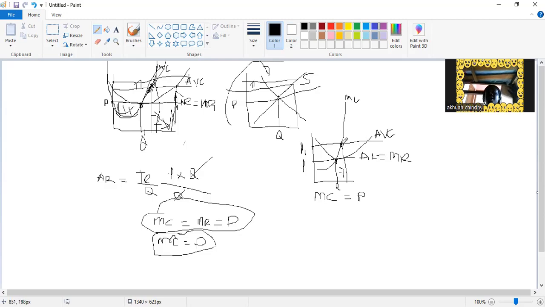Okay. But for the firm to go up on the marginal cost curve, it needs an incentive. So the price in the market will increase, and then the firm's demand curve, which is the same as the price in the market, will also go up. Okay, and the firm will increase the additional units that it's producing, and quantity will go to the right.